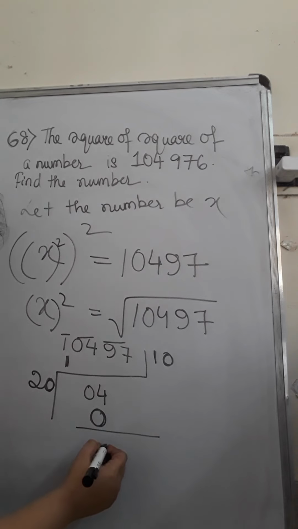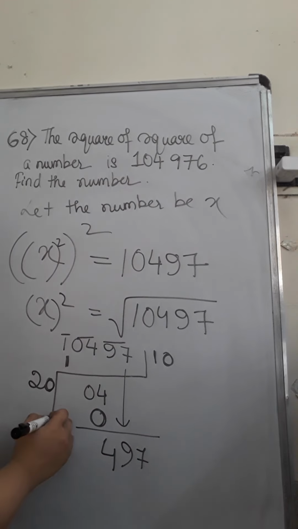So 4 will again come down and 97. Now what we have done in the previous step, 20 into 0, now we will do 20 plus 0, that is 20, and fix it.